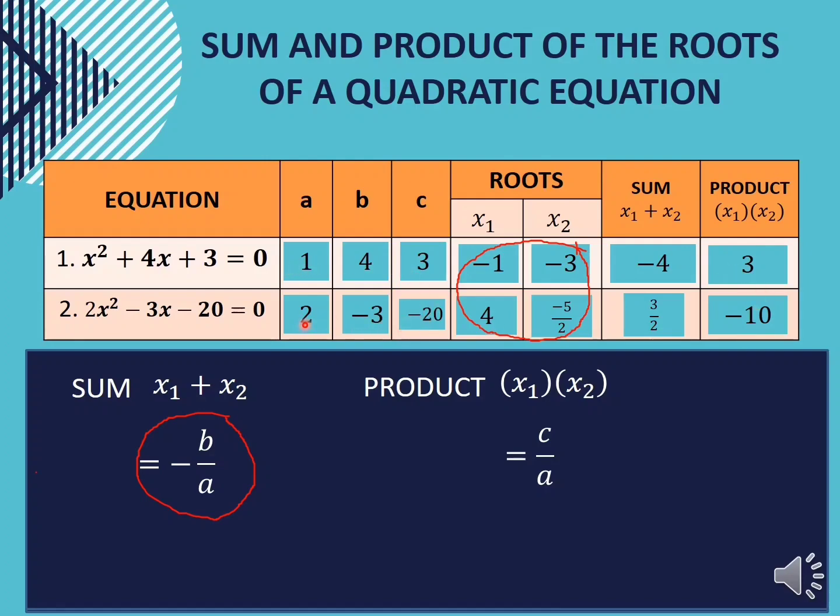Negative 20 divided by 2, that is negative 10. So, ganyan lang pala kasimple. We will just use the formulas negative b over a and c over a in order to get the sum and product of the roots kahit hindi na po natin isolve directly ang roots. That is, kapag ang hinahanap lang naman ay sum and product of the roots. Okay?